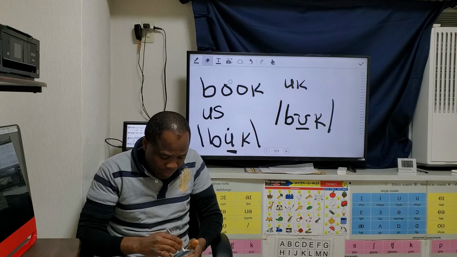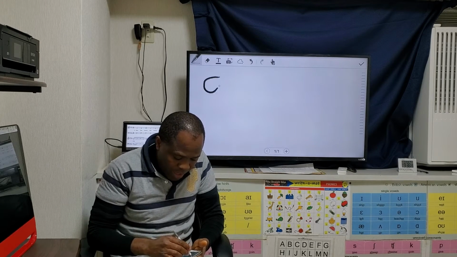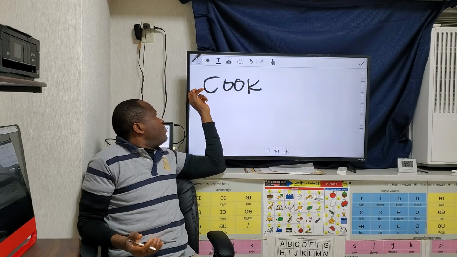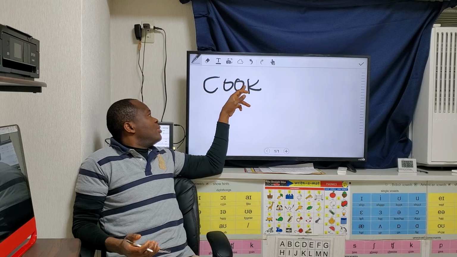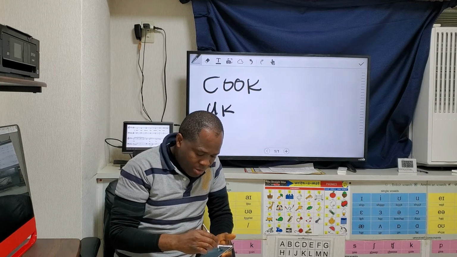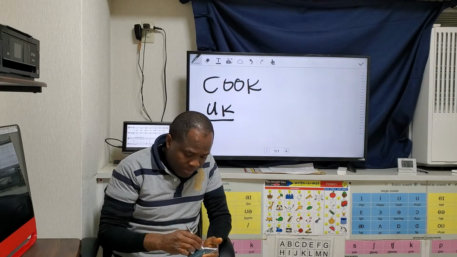Let's look at some two other examples. I have a word like cook. This is the grapheme spelling, C-O-O-K. Let's look at UK first, the phonemes or the IPA.